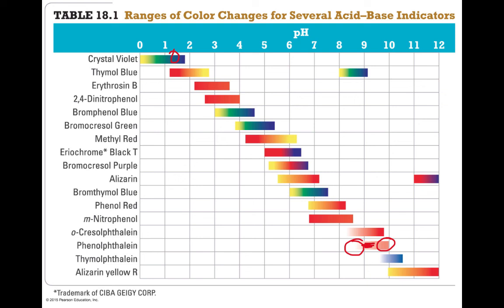Other indicators, we see thymol blue up here actually has 2 pH ranges depending on where it's at, and again, it's just because of the nature of the indicator itself. Alizarin has 2 different pH changes, one in the acidic, one in the very basic.